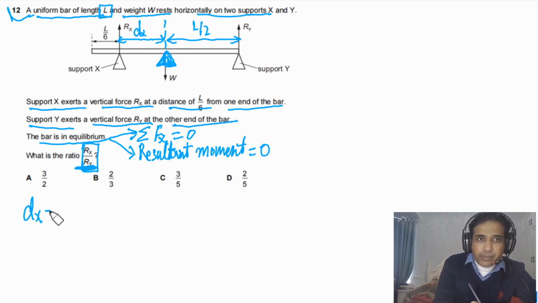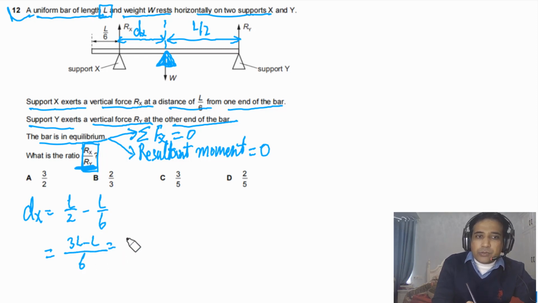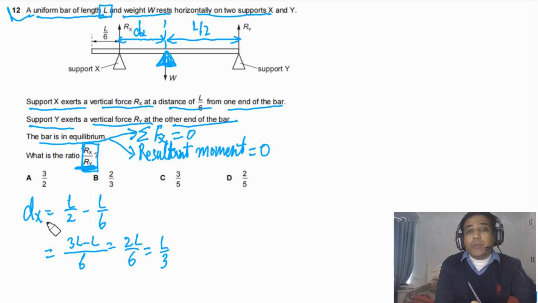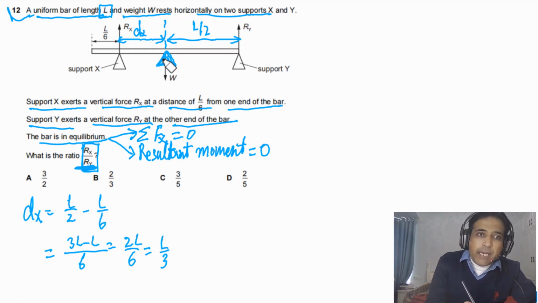Dx will be equal to L by 2 minus L by 6. If we take the LCM, we will get 6 in the denominator and 3L minus L in the numerator. So this will be equal to 2L by 6, or simply L by 3. This is the value of dx. Now we have to take moments about this point.